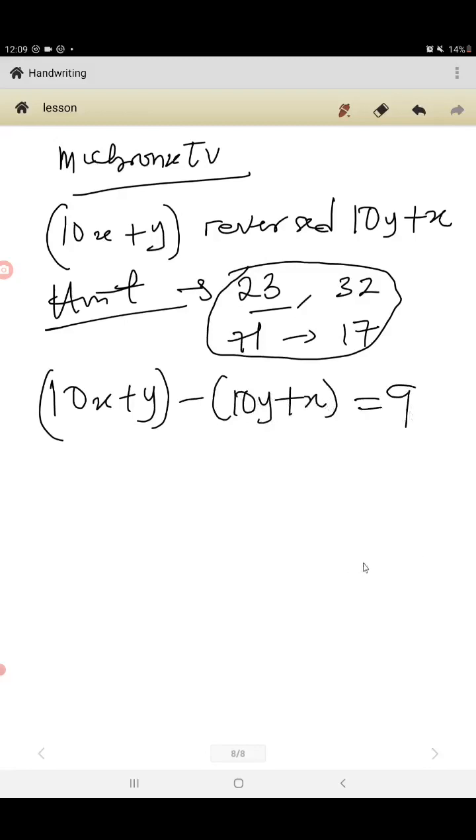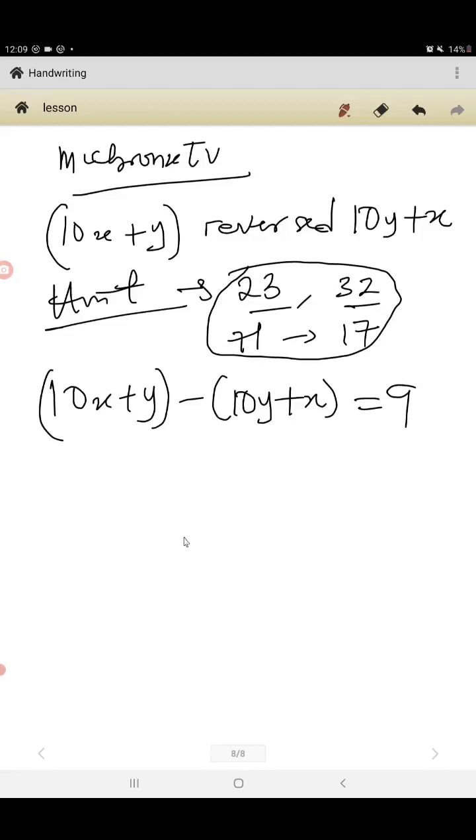That is what it is trying to say. Maybe the original number is 32, I'm just giving an analogy, and they now reverse it to 23. So the difference gives us 9. But we don't know the value, so that is where we are going.